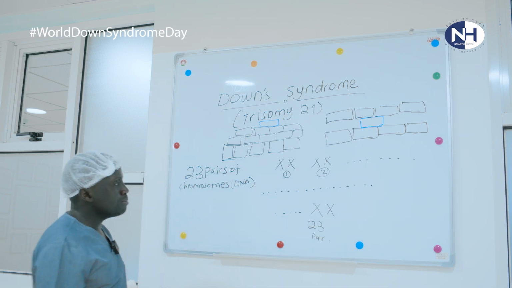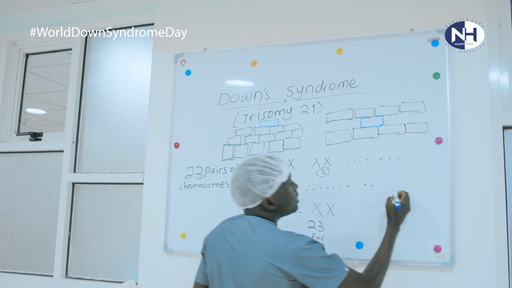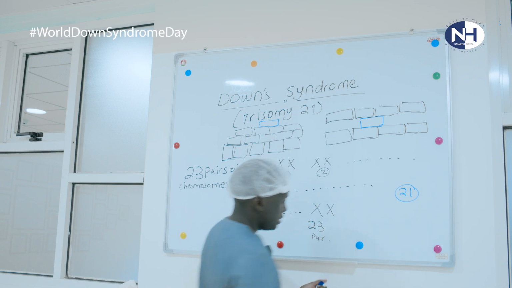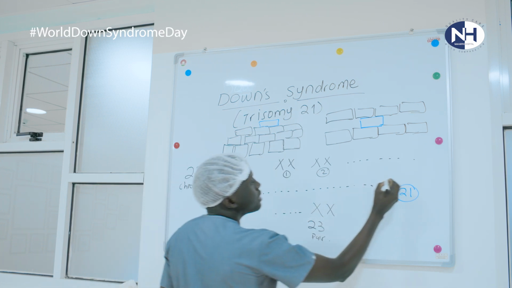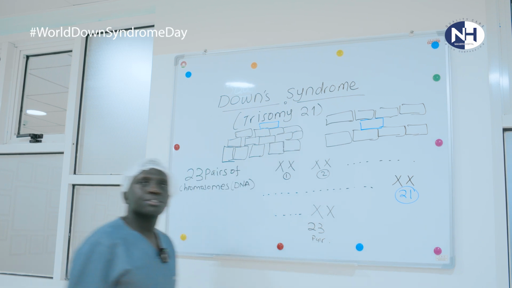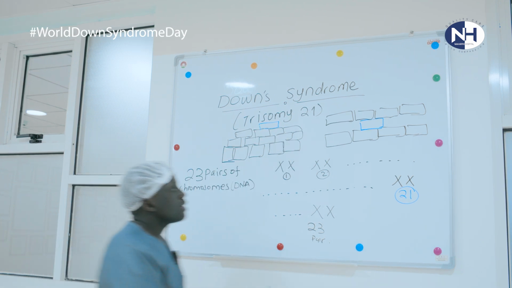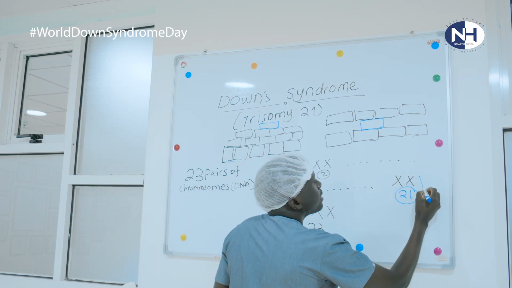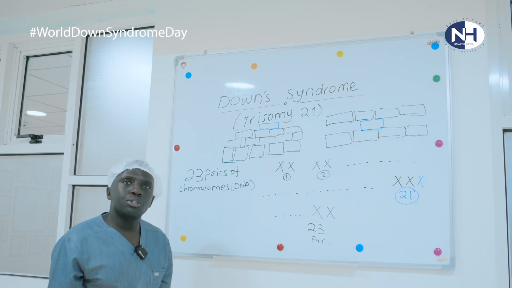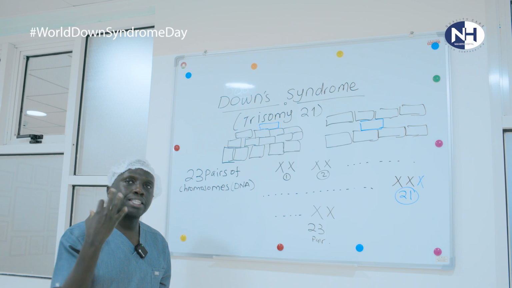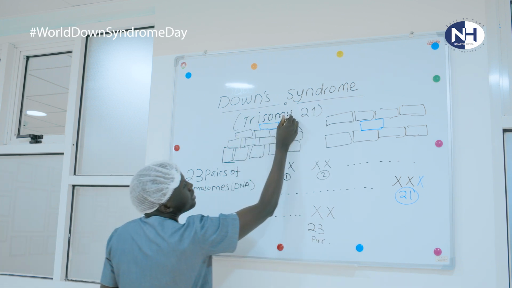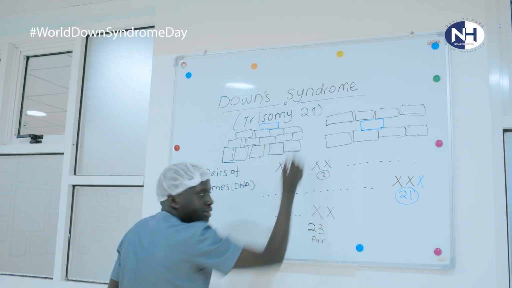But in Down syndrome, in the 21st pair, instead of having two chromosomes, another chromosome is introduced, making them 3. That is why it's called trisomy 21.